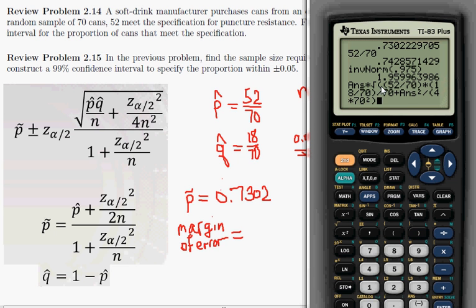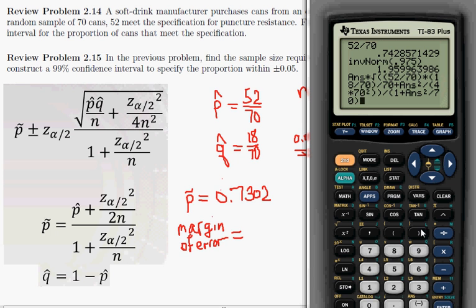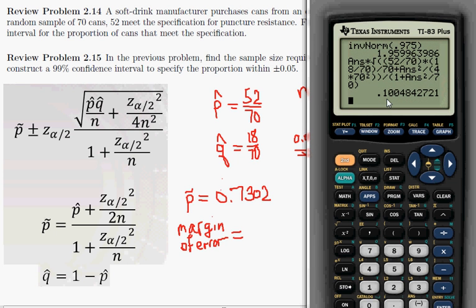And let's check the parentheses. This parentheses is 52 over 70, that parentheses is for that 70, so this parentheses is still left over, and so when I close out this parentheses, that's going to be everything under the square root, divided by 1 plus z squared divided by 70. And so when I hit enter, that's going to be the margin of error, which is about 0.1005.